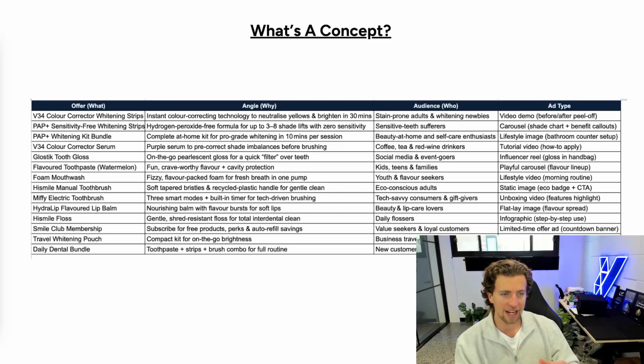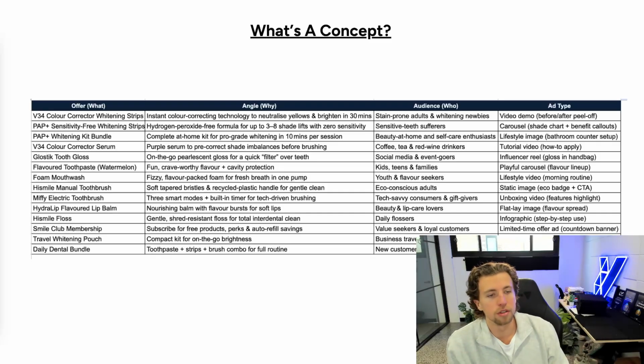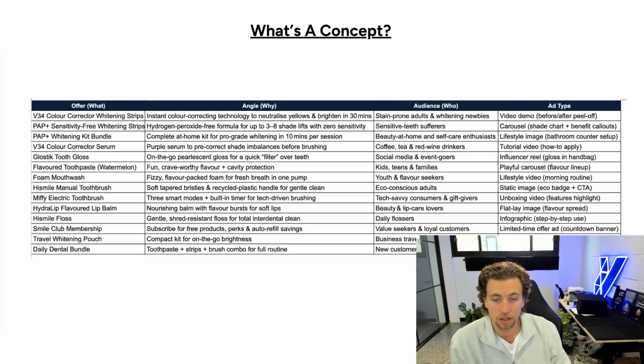You really need to start to edge these concepts out over time, and then you can build iterations that underlie them. As you can see, the audience is specific to the angle in most cases, and then you have a selective ad type. So running through an example of this for High Smile, you may have flavored toothpaste. That angle is fun, crave-worthy flavor plus cavity protection, so it's a double value proposition.